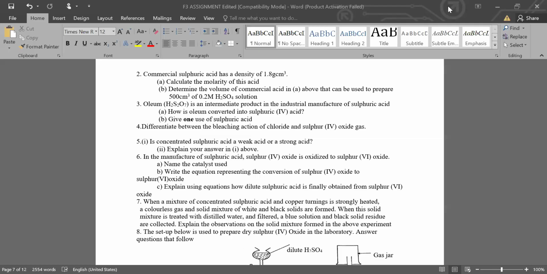How? When chlorine is put in water, it forms two acids. That is the chloric 1 acid, HClO, and the hydrochloric acid, the HCl. That solution that is formed is a yellow solution, and it is called chlorine water. The chlorine water is yellow because of the chloric 1 acid, because the hydrochloric acid is colorless, of course.